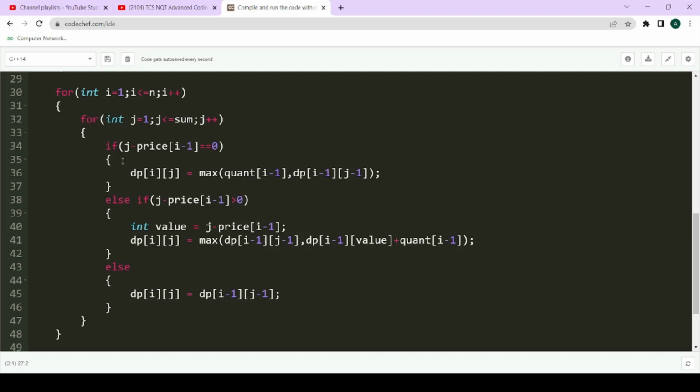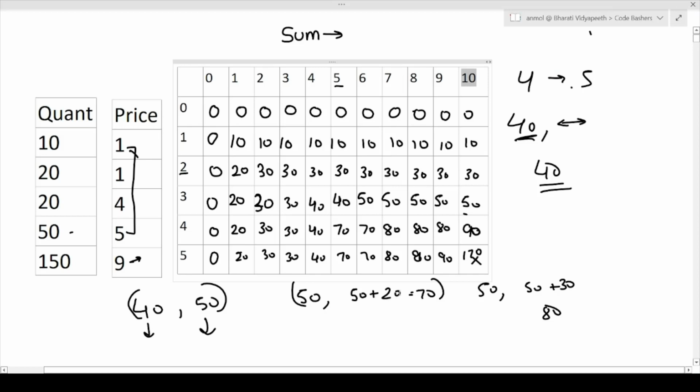First of all, I have told you that whenever we have to fill a particular cell, let's just suppose we have to fill this particular cell. First of all, you have to find the maximum value by ignoring this particular item. That is, we will not be using this item, and now we have to find the maximum value.